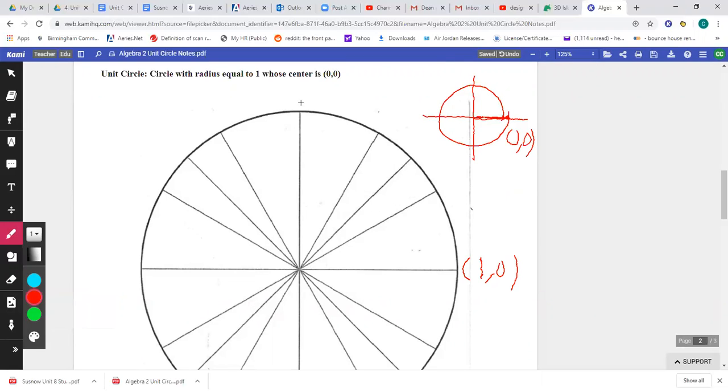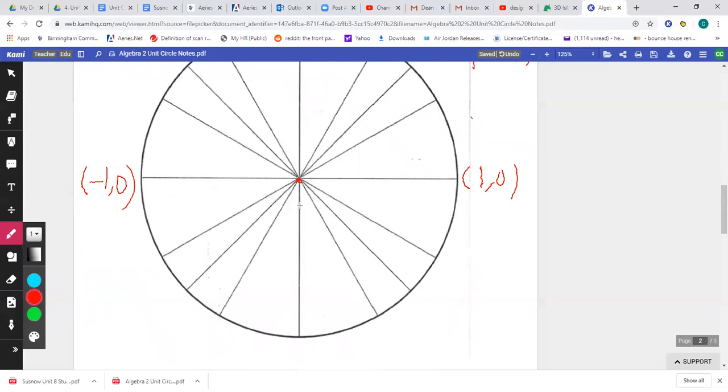Now, this point up here, this is the point 0, 1, right? Because if this point here is 0, 0, and the radius is 1, then going up there is 0, 1. Then the point on the left is negative 1, 0. And then the point all the way on the bottom would be 0, negative 1, right?